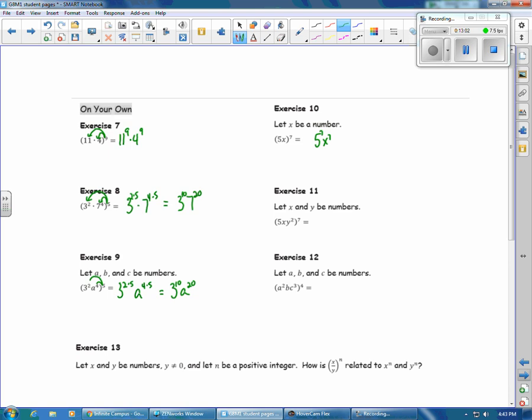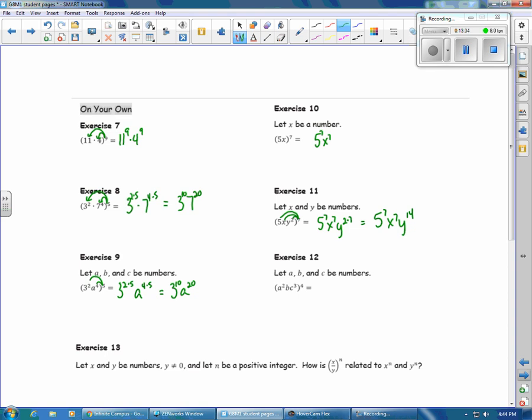Exercise 11, getting a little trickier. Okay, so exercise 11 would be 5 to the 7th power times x to the 7th power times y to the 14th power.